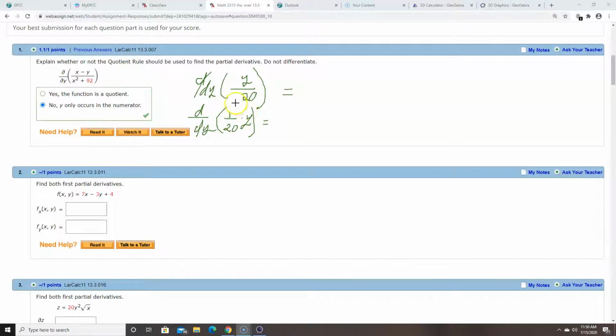The multiplied constant 1 over 20 is fixed, and then because it's times, it stays there. If it was plus y, then the derivative of this by itself would be 0. But because this fixed constant 1 over 20 is being multiplied by y, the 1 over 20 waits and sits for the derivative of this part, and the derivative of y with respect to y is 1, so you would get 1 over 20 as an example.